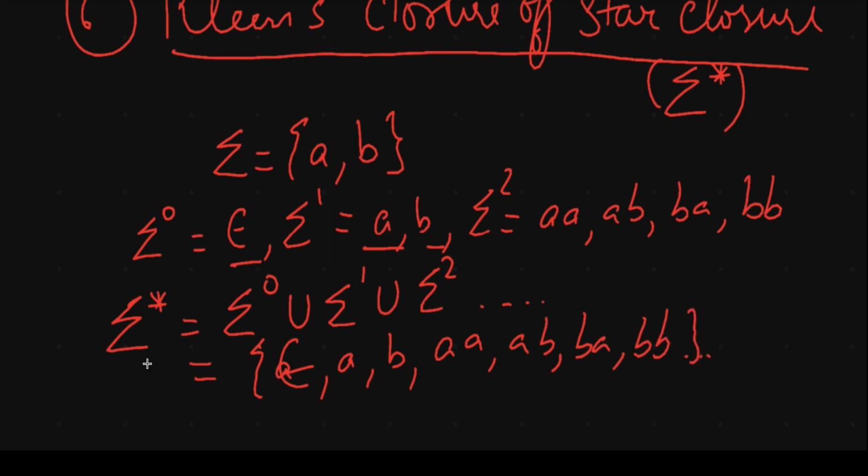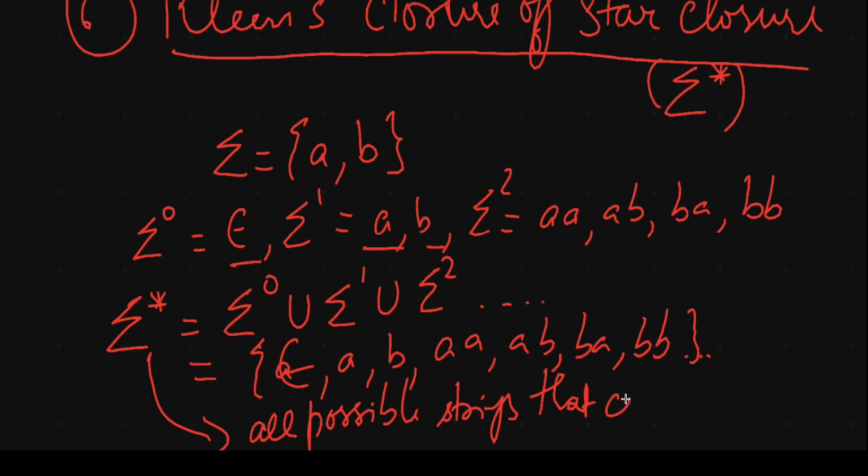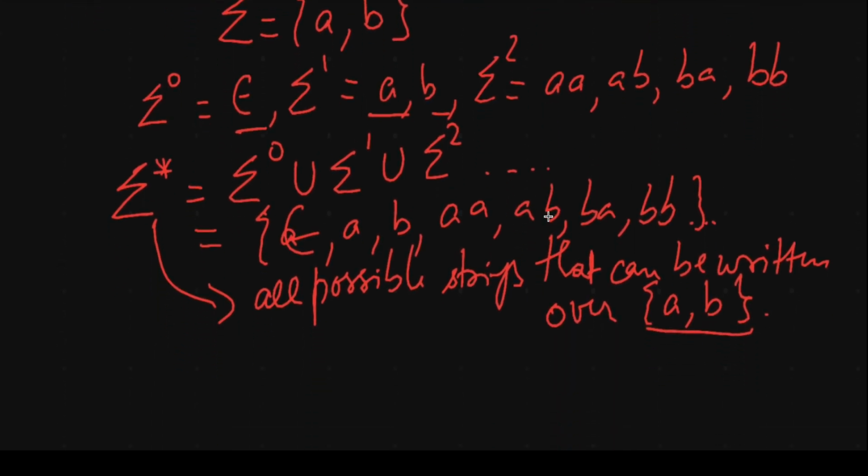In simple English we can say all possible strings that can be written over input alphabet A B. It will be discussed further.